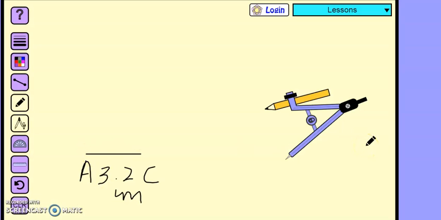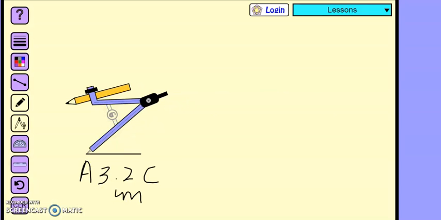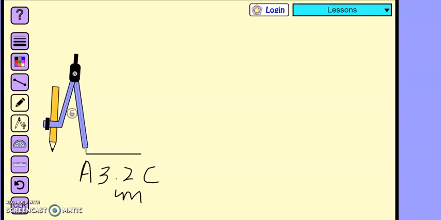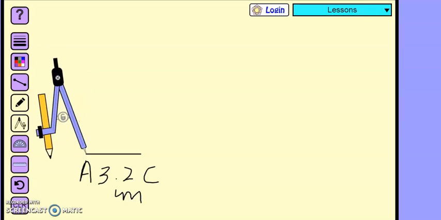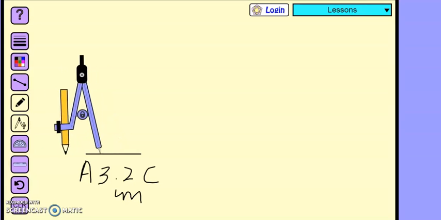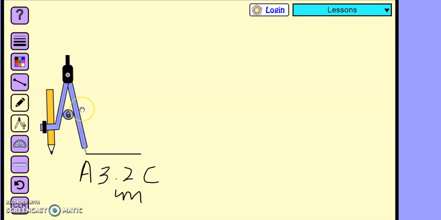So I'm going to place my compass needle at this vertex and open my compass to this much radius. You can open your compass to any radius. Okay. So now this is how you are going to construct, first of all, your semicircle.